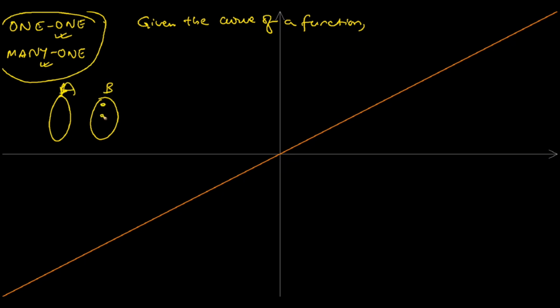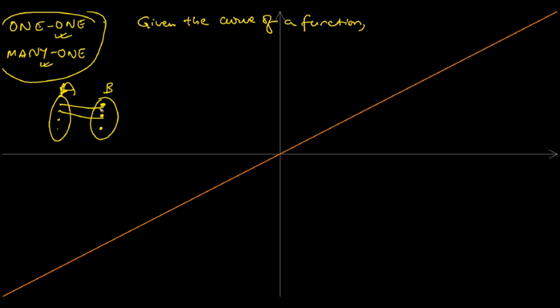If you take any element, then what are the possibilities for this element? If it is one-one, then it may not have any preimage, or it may have exactly one preimage, but not more than one.